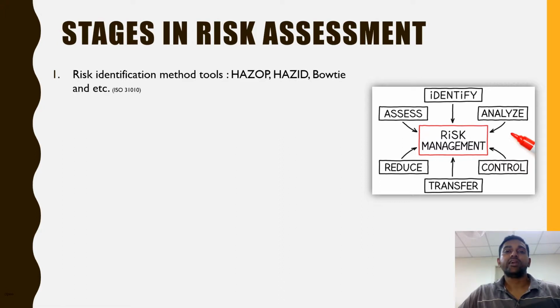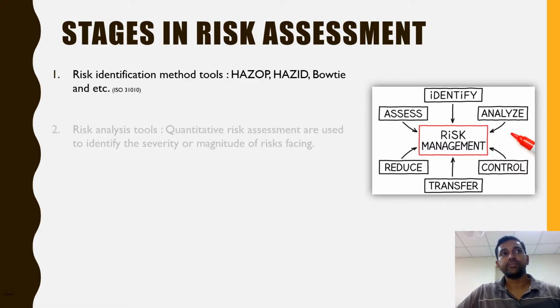In ISO 31010, 31 types of risk assessment tools are already stated that we can use in our organization. Depending on the suitability of our organization we can choose, and some of them are HAZOP, that is hazard and operability, then hazard identification, and then bow tie.